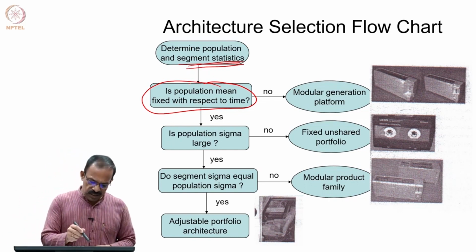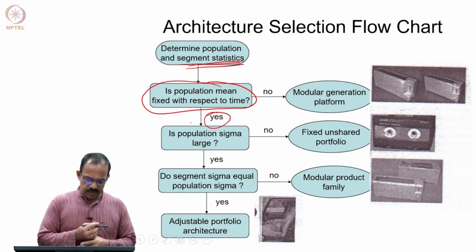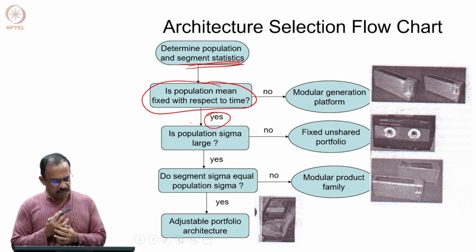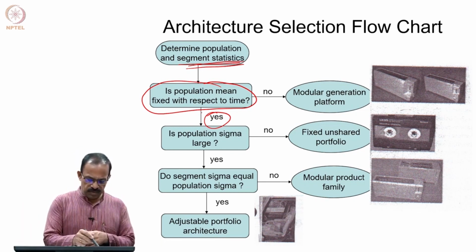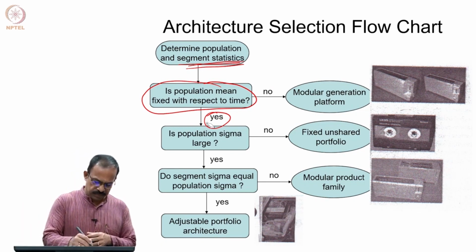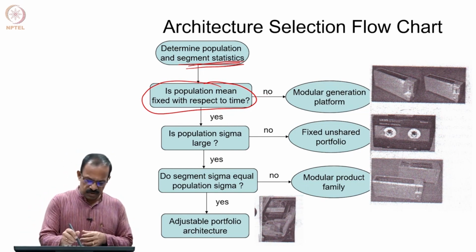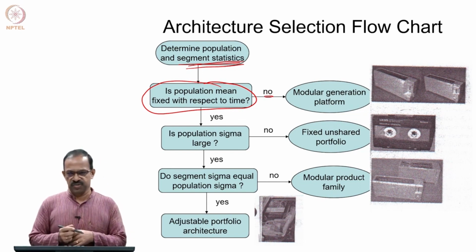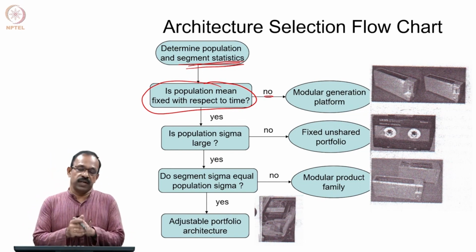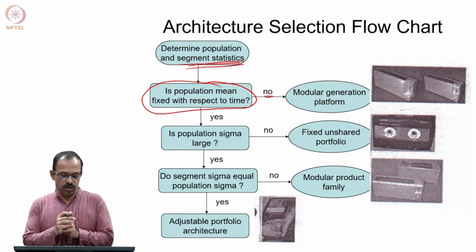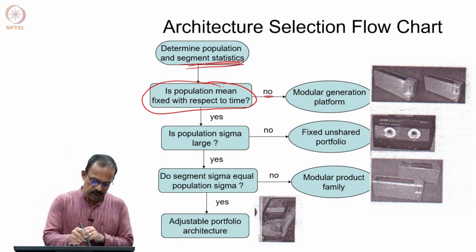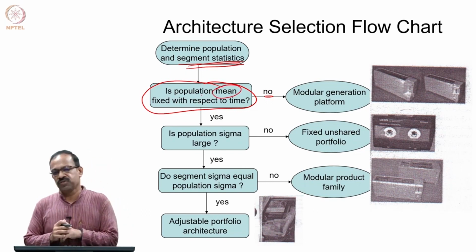So, if there is a change over a period of time, then the population mean is not fixed with respect to time. Suppose when they say no, it means it is not fixed. So, that means the mean, only the mean, is not fixed.